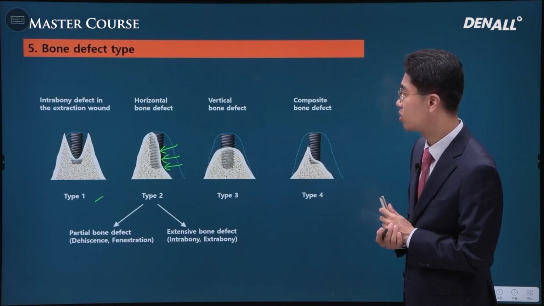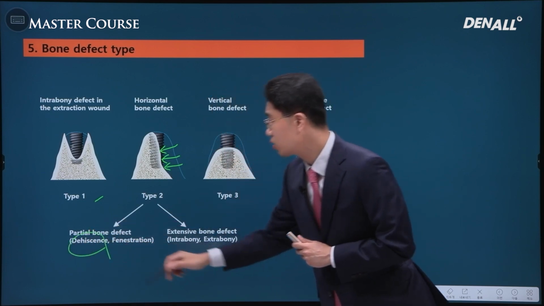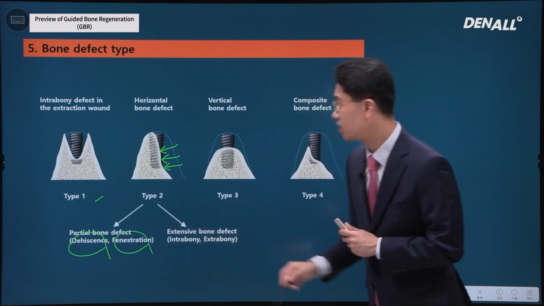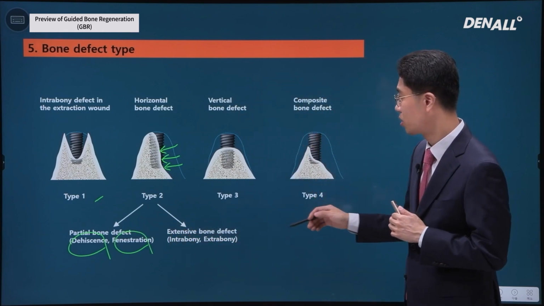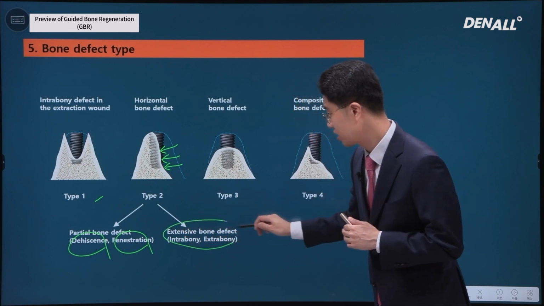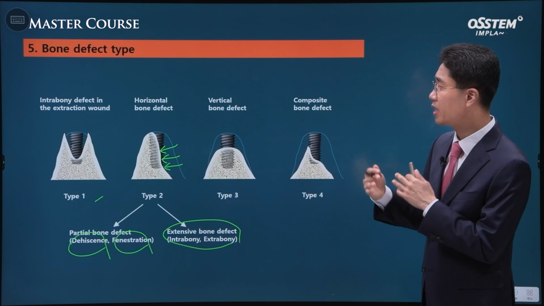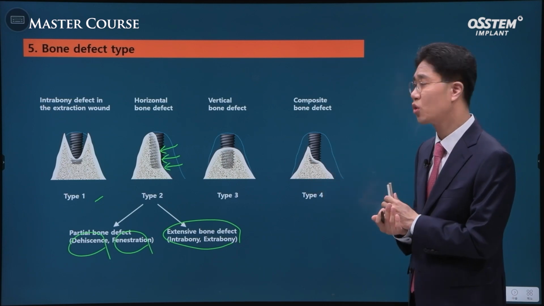If we divide the horizontal bone defect, there's dehiscence where the implant top is exposed, and there's fenestration where the lower portion of the implant is exposed, and there's an extensive bone defect as well. Depending on different defects, we need to apply GBR procedures.